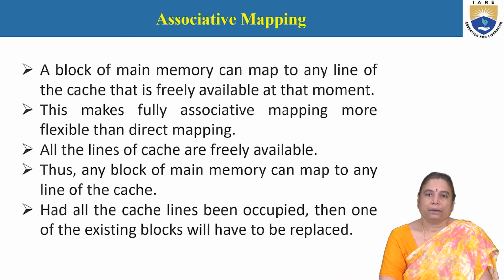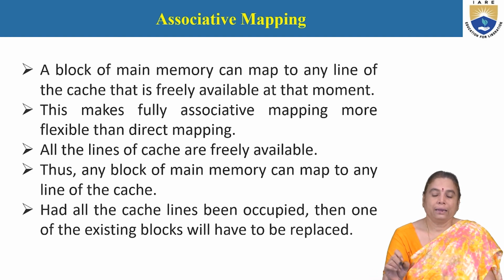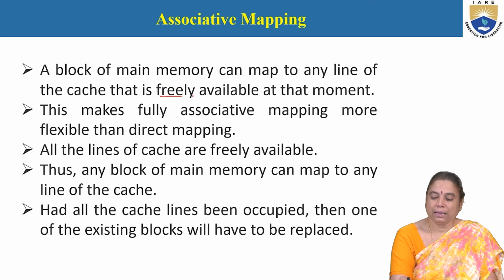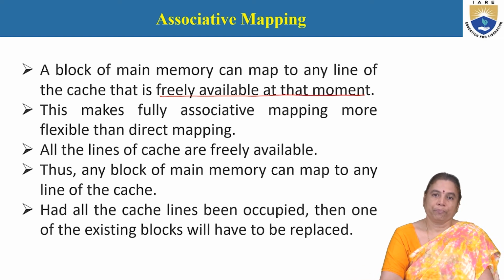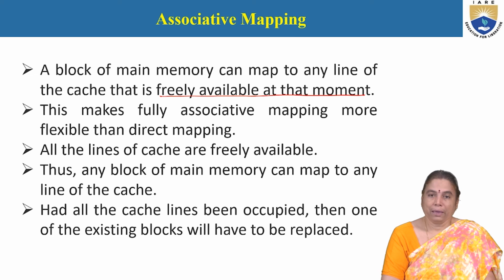The second method of mapping is associative mapping. A block of main memory can map to any line of the cache that is freely available at that moment. This makes fully associative mapping more flexible than direct mapping.